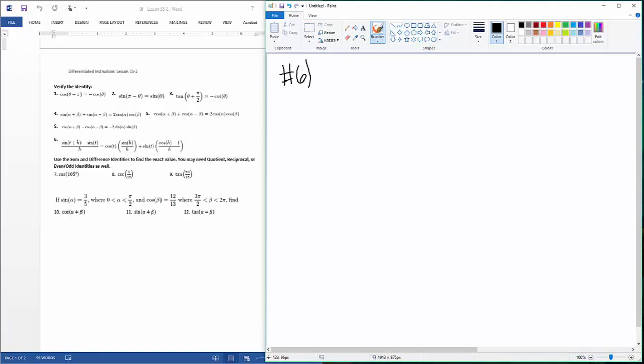This is the difference quotient. I'm not going to have room to fit all of this, so I'm only going to put this portion right here.